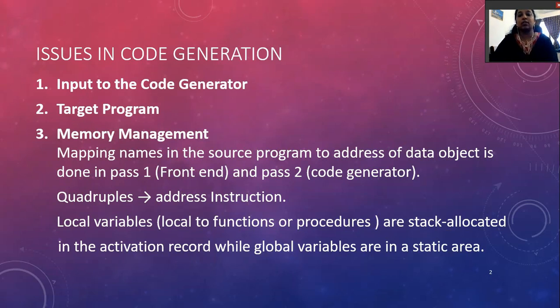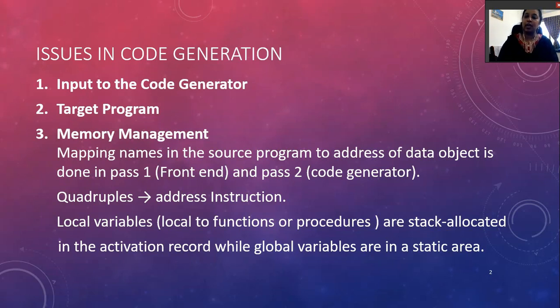And the third issue is memory management. We have to map every local variable and global variable into different areas. We have the static area, we have the stack, we have the heap allocation. So where are we really going to save all those variables? How many transfers are required from memory to register, and so on, has to be dealt with.